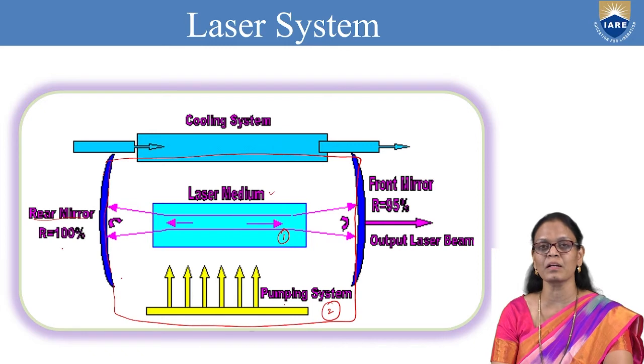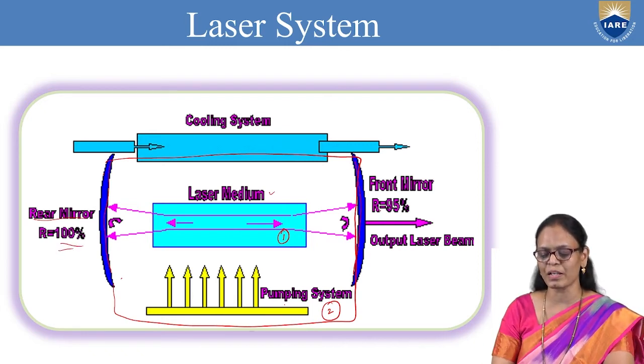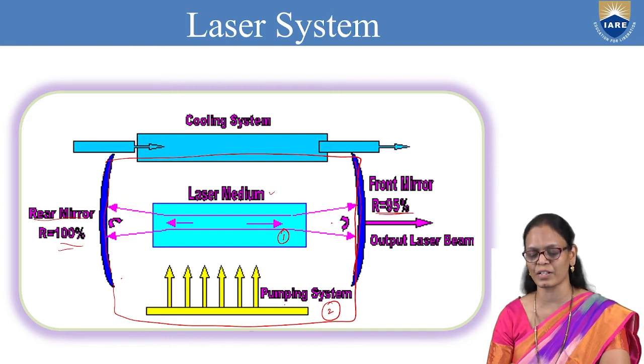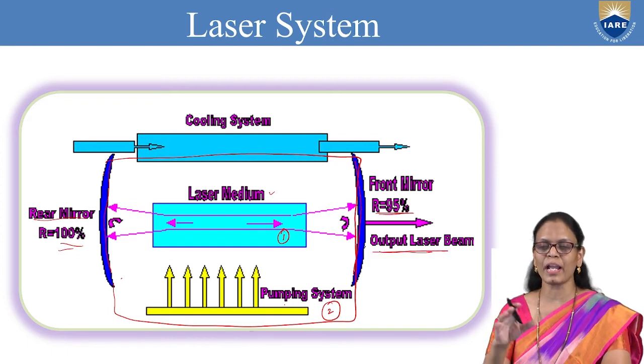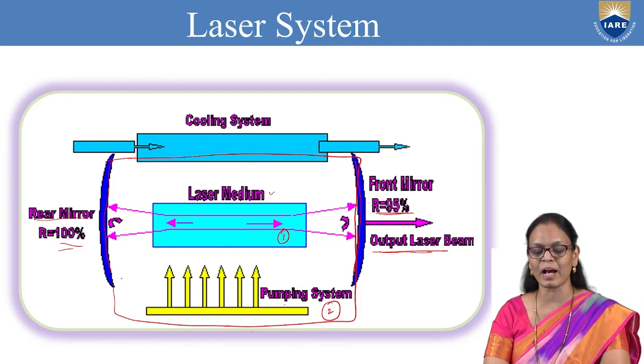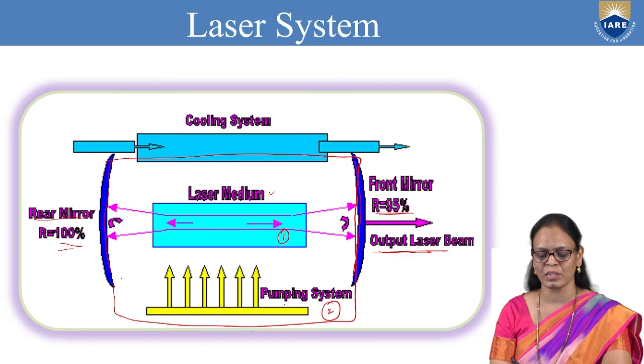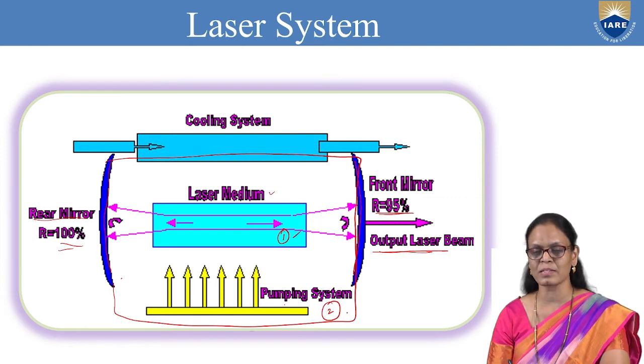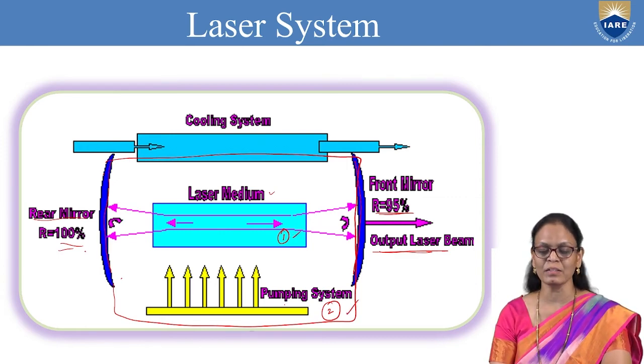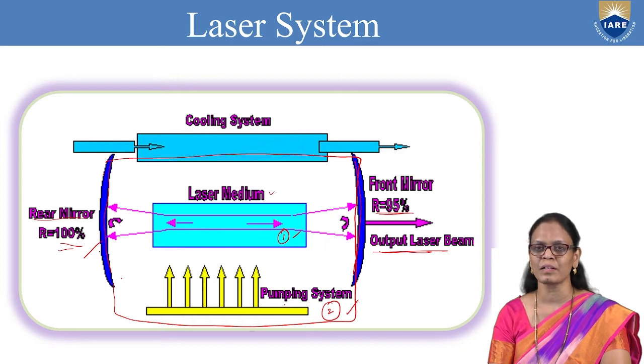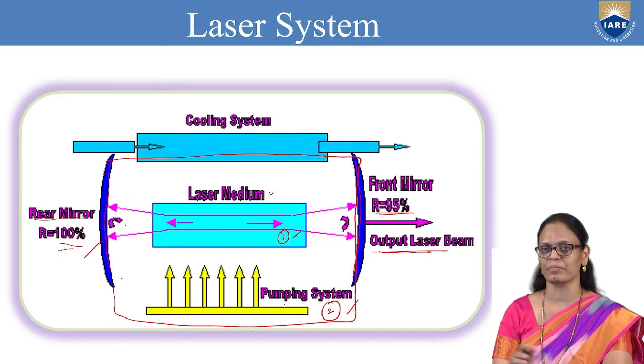This is the rear mirror with 100% reflection, and this is the front mirror with 95% reflection, from where we get the output laser beam. So any laser we discuss will have these three basic parts: the laser medium 1, then the pumping system 2, and then the optical resonating cavity 3.